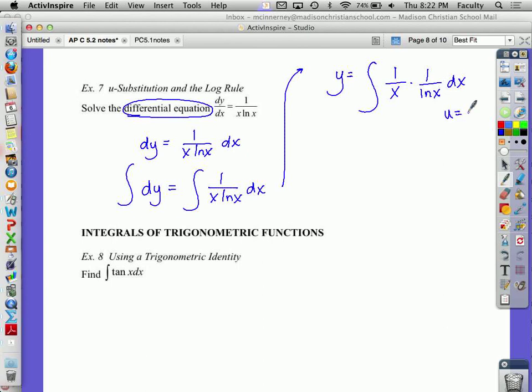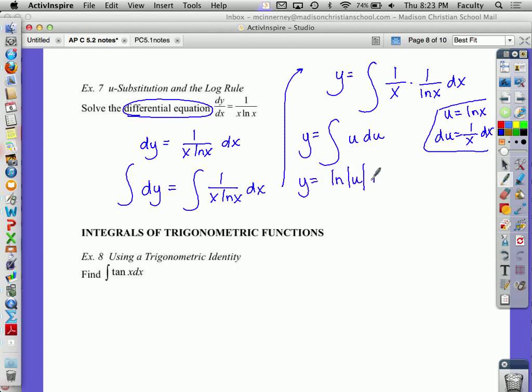So if I let u equal the ln x, du is 1 over x dx. So I really do have it here. So this is 1 over u du. So y equals the natural log absolute value of u plus c. So it's kind of weird, that's the natural log of the absolute value of natural log of x plus c.